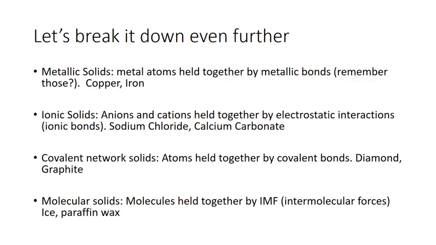There are covalent network solids, where the atoms are held together by covalent bonds. Examples are diamond and graphite. We'll see pictures of those a little while later. And then, of course, molecular solids. Molecules are held together by intermolecular forces, things like ice or paraffin wax.